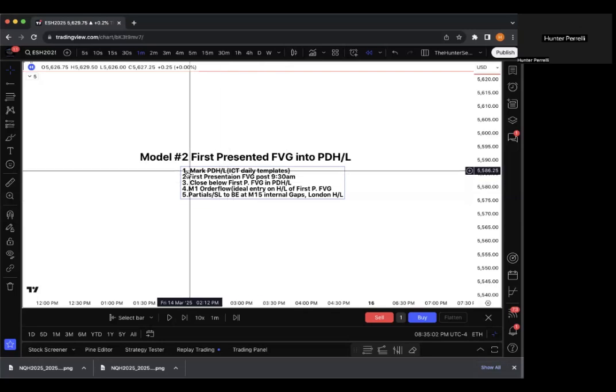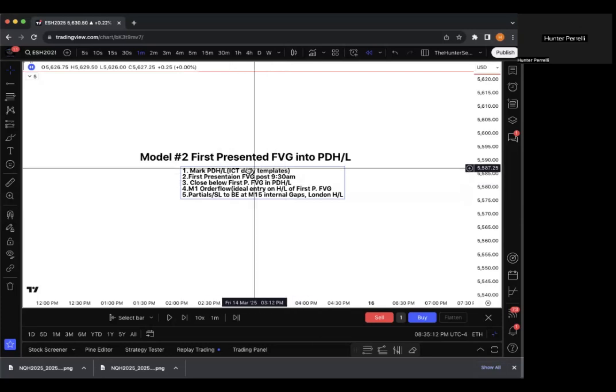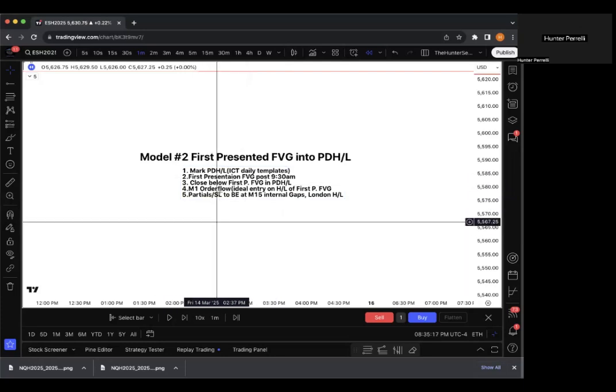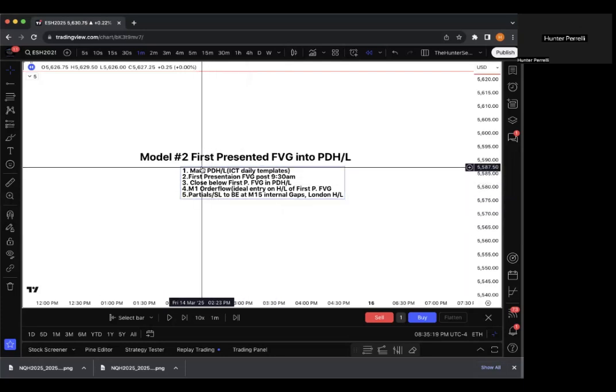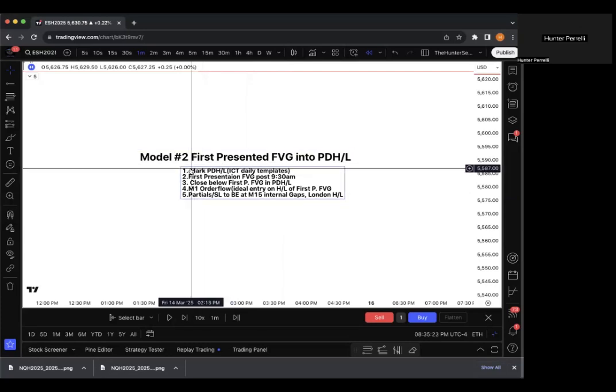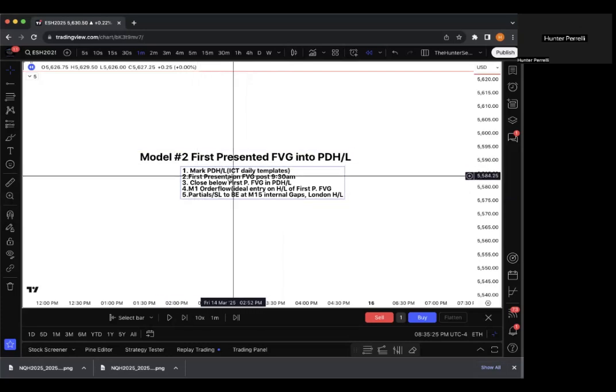If you're looking at a Wednesday low of the week, you might be looking at a Wednesday reversal on Tuesday. It might take out Tuesday's low, or it might leave Tuesday's low and take it out on Monday. So having those templates gives you a raw footage, if you will, of what could happen, and you're able to anticipate this.